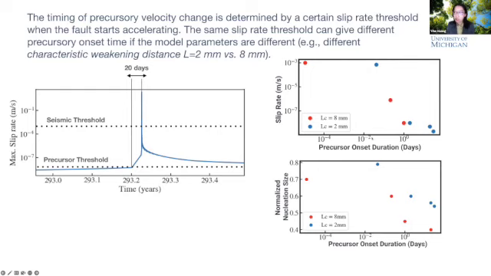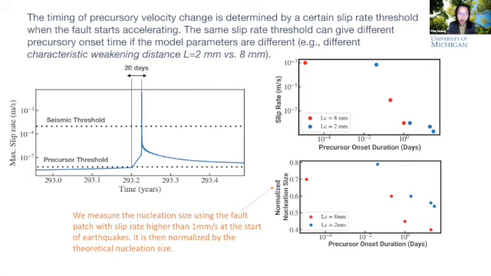So to better understand these simulations, we also measure the nucleation size by using the fault patch that has slip rate higher than 1 millimeter per second, which is our seismic threshold at the start of the earthquakes. Then we normalize this nucleation size by the theoretical nucleation size for the layered medium, as I showed earlier.